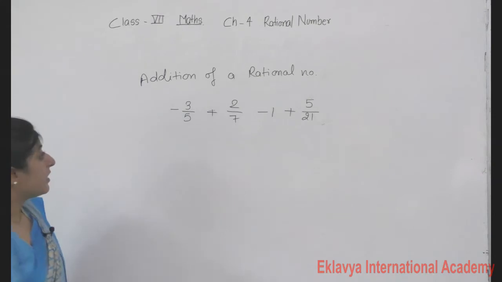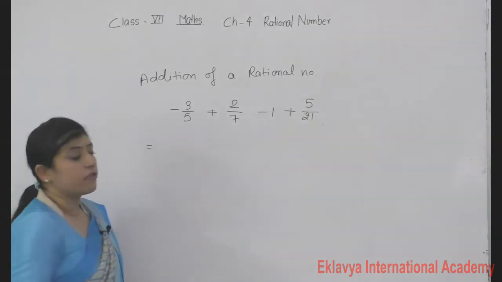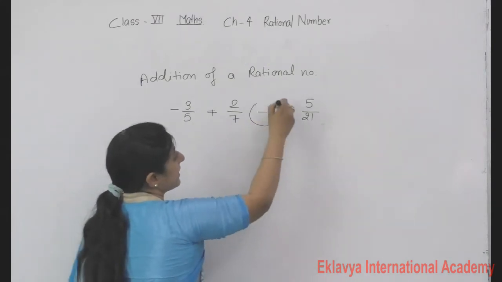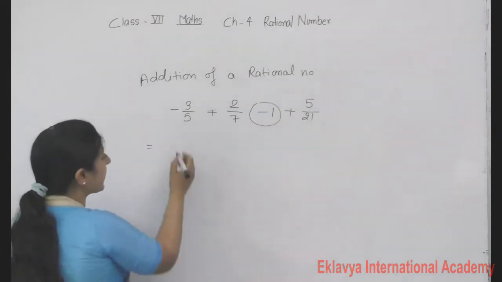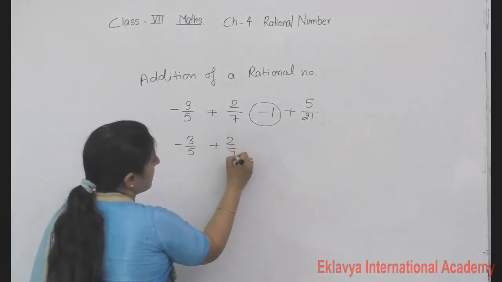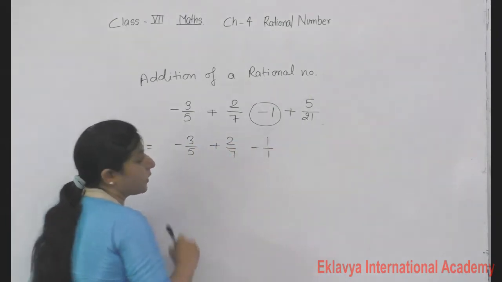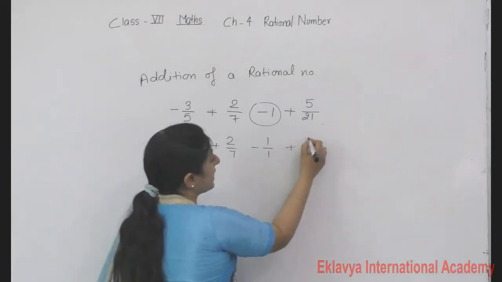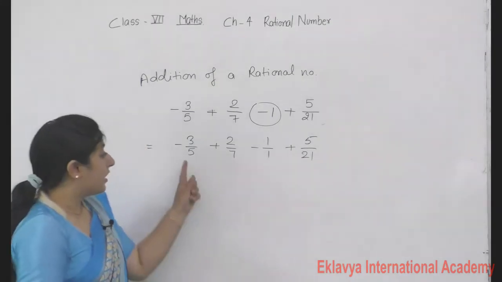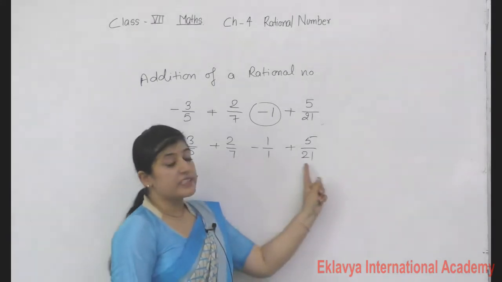Add these rational numbers. We want to add them. First thing, see, here is minus 1. So it means we can write down minus 3 by 5 plus 2 by 7 minus 1 upon 1 plus 5 upon 21. Same process, denominators are different.